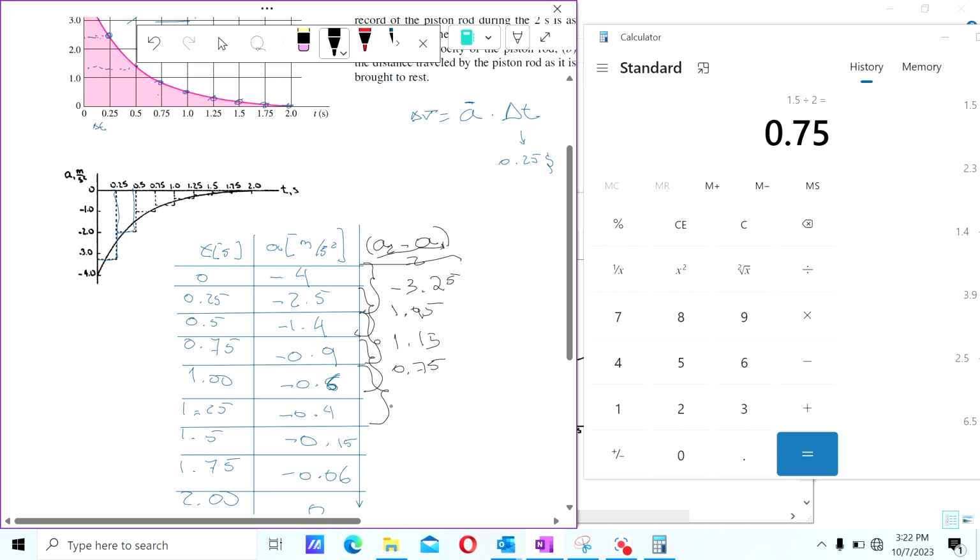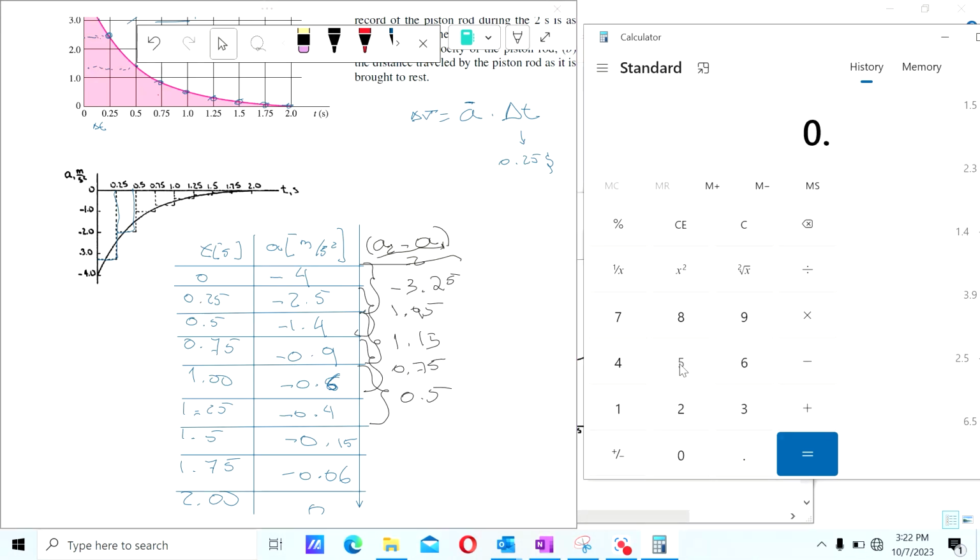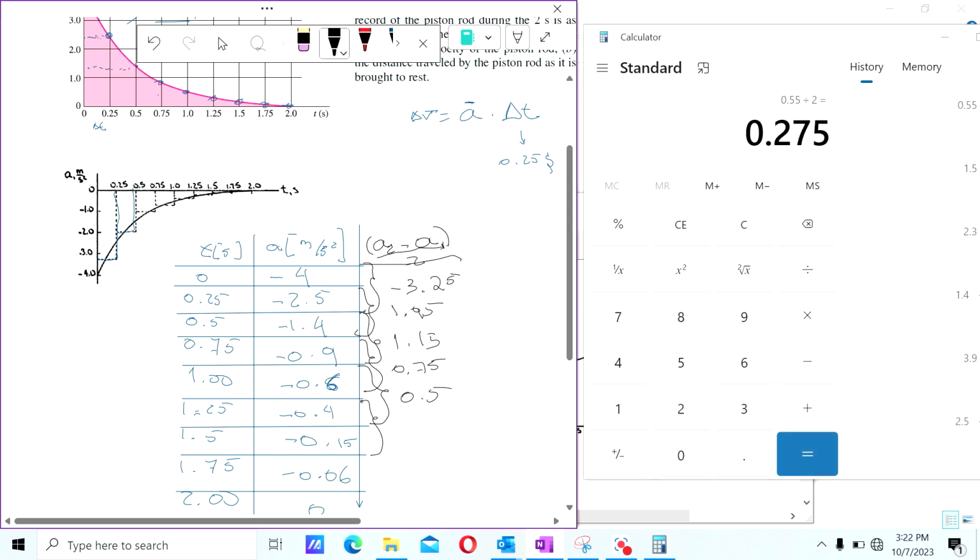The next one is 0.6 plus 0.4 is 1 divided by 2 is 0.5. All right, 0.4 plus 0.15 is 0.55 divided by 2 is 0.275.